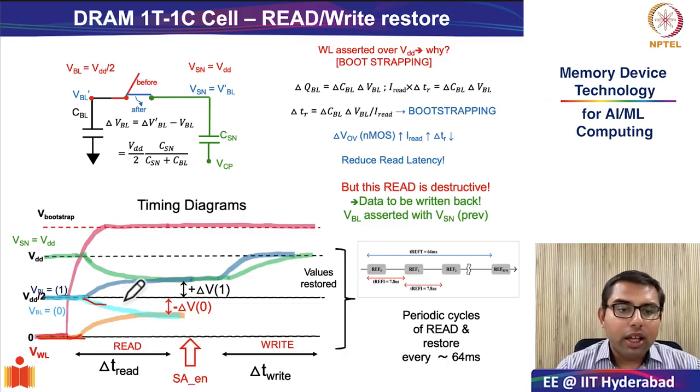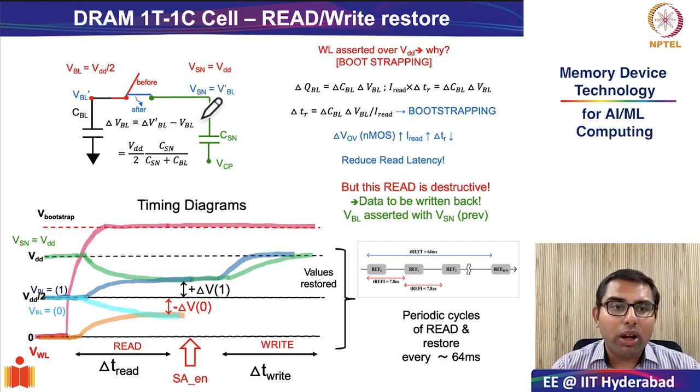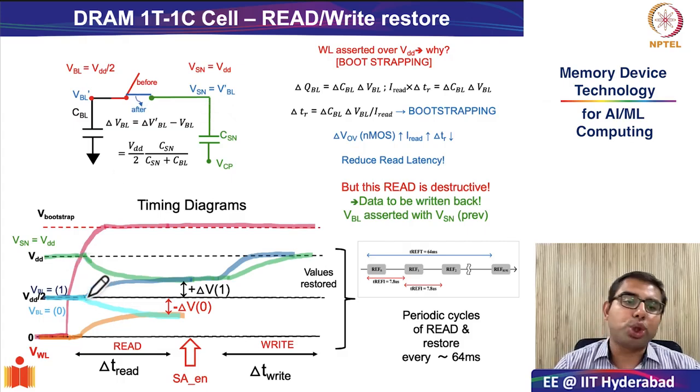Once the word line was asserted, because the storage node has 0 and the bit line has VDD by 2, the read current will flow from the bit line into the storage node. Therefore, the voltage on the storage node will increase and that of the bit line will reduce, and that is exactly what is shown in this graph.